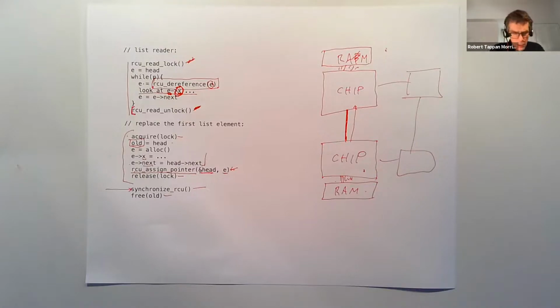Another subtle problem is that readers can see stale data without any obvious bound on how long they can see the stale data for. Because if some reader gets a pointer to an RCU protected object just before a writer replaces it, the reader may still hold on to that data for quite a long time, at least on the scale of modern computer instructions.